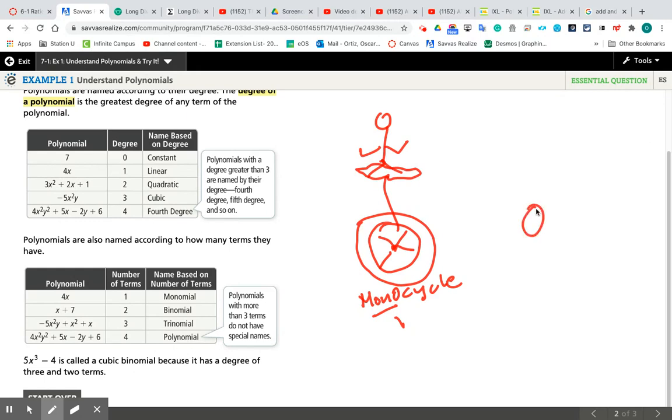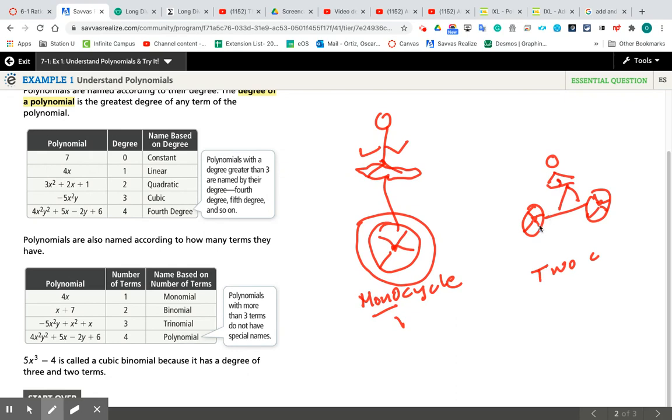But if you're thinking of the regular bicycle, now you've got two cycles.